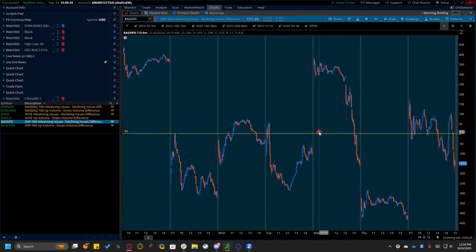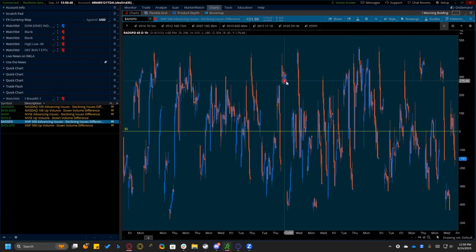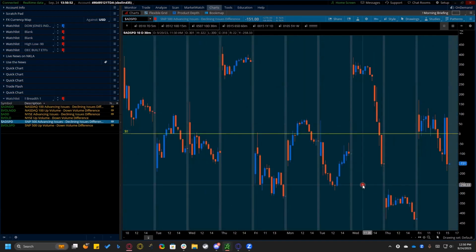So just to give you an idea of what I mean, the ADSPD closed at minus 150. Well, that number would still be minus 150 if I was on a 15-minute chart or a 60-minute chart or a 30-minute chart. It wouldn't change because it's cumulative.